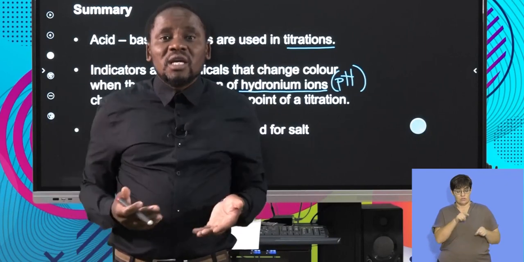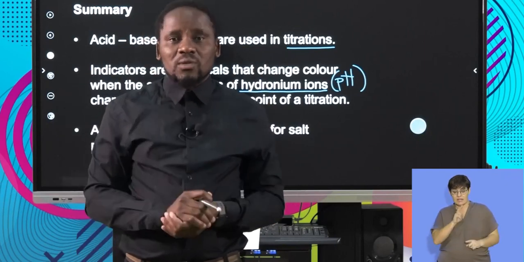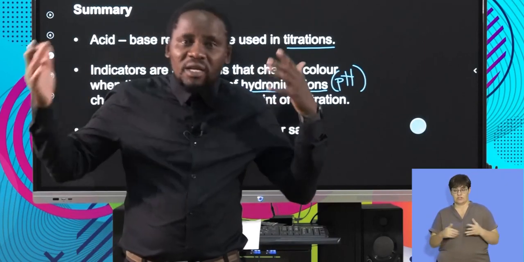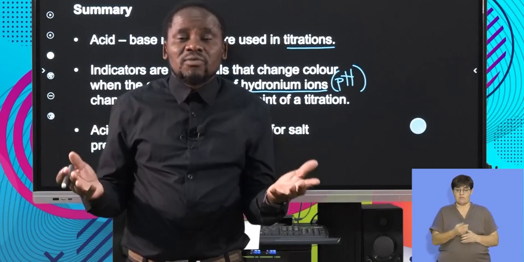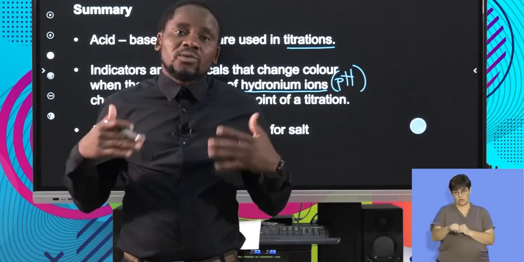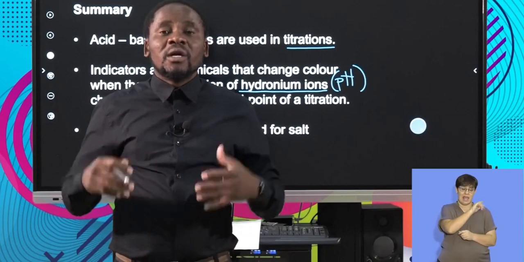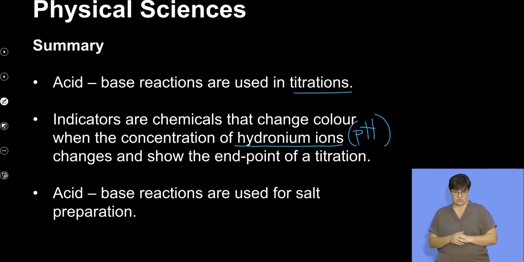So the indicator serves that role. It gives us an indication, as the name suggests, of whether neutralization has occurred in a typical acid-base reaction. And also, we're talking about the end point of a titration.